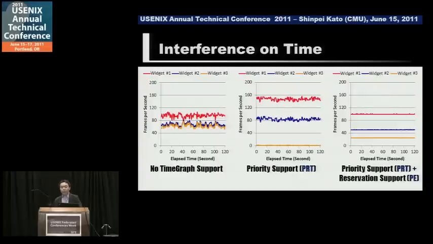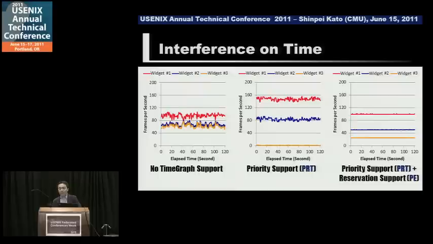On the other hand, if you use the priority support from TimeGraph, it can correctly prioritize the 3 tasks. But in this case, the lowest priority task doesn't get GPU resources at all because of its priority.